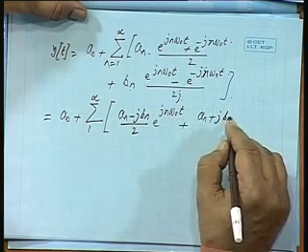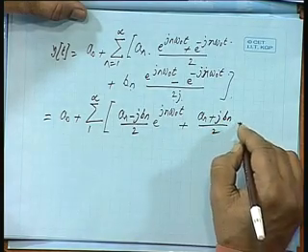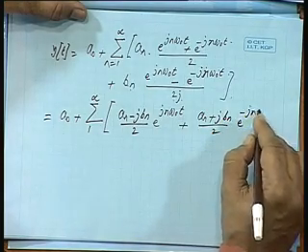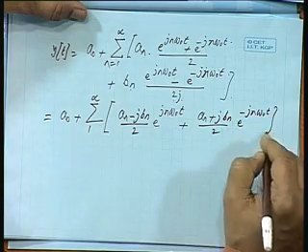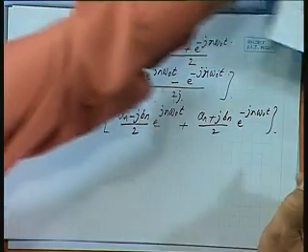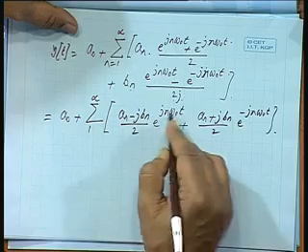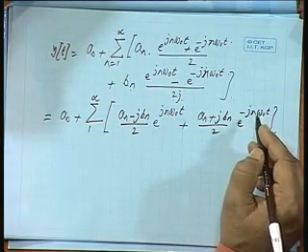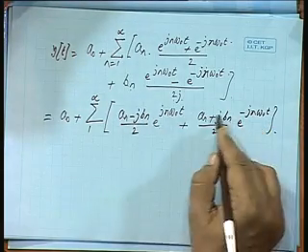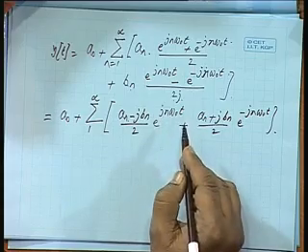If j is brought up, it will be plus j bn by 2 times e to the power minus j n omega naught t.